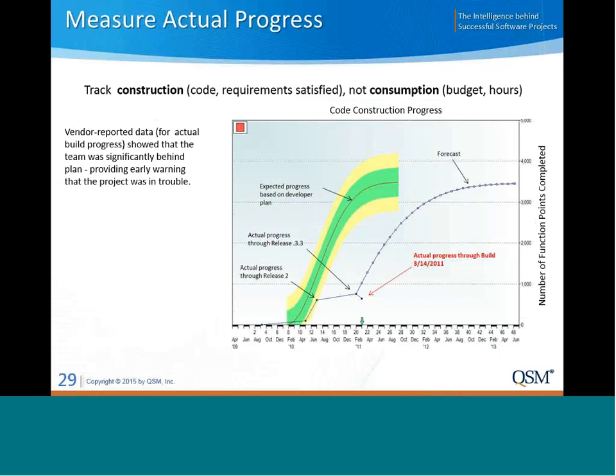You can see here, it kept getting further and further off track, and we ended up forecasting a schedule delay of almost 2 years. So this quantitative data gave our client the courage to cancel this contract and replan, saving taxpayers $30 million.